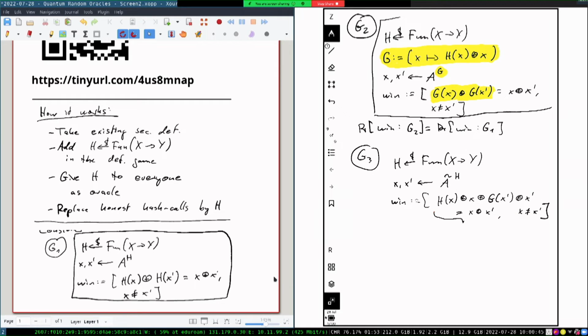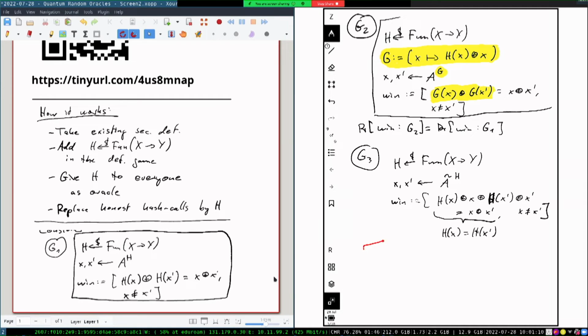But this condition here is actually just the same. Like, these x's cancel out. So it becomes H of x XOR H of x prime is 0, which is just the same as H of x equals H of x prime, which is the condition of collision resistance.